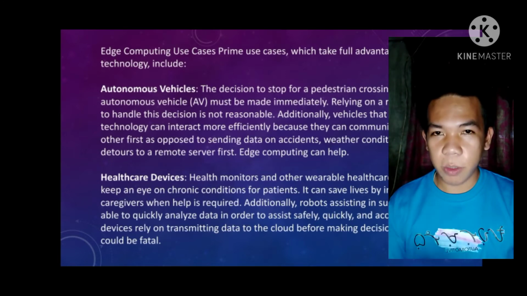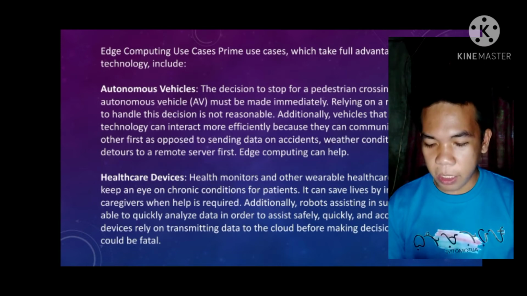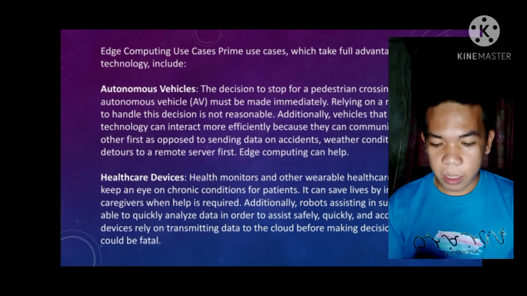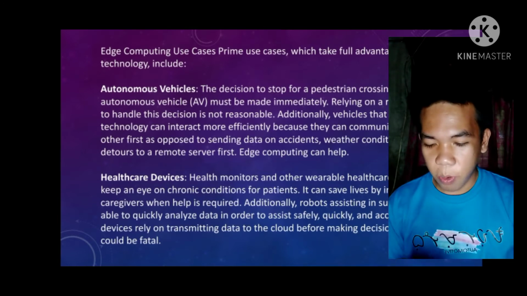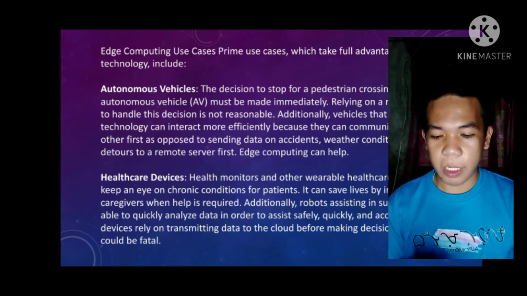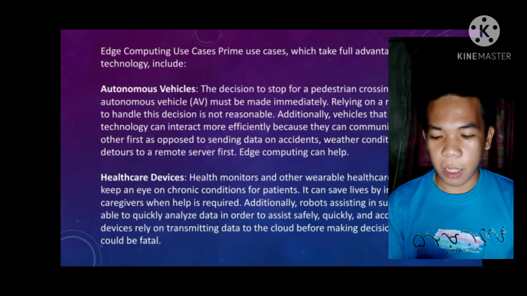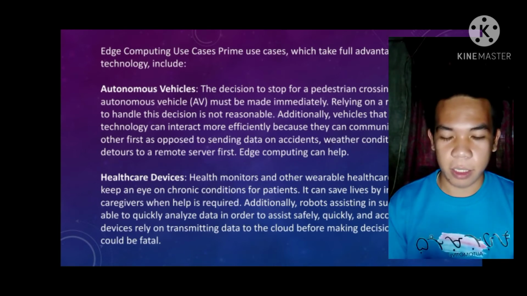Relying on a remote server to handle this decision is not reasonable. Additionally, vehicles that utilize edge technology can interact more efficiently because they can communicate with each other as opposed to sending data on an accident.